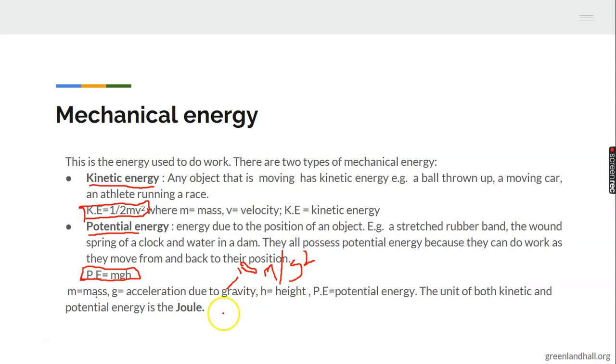They always give you that figure. It's a constant. Some books will give you 9.8 meters per second squared, some will give you 10 meters per second squared. And h is height. So the unit of both kinetic and potential energy is joules.